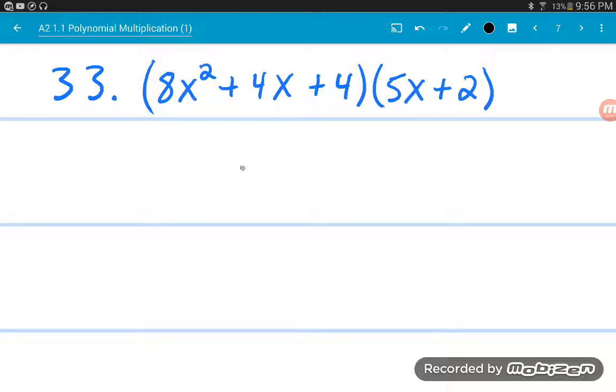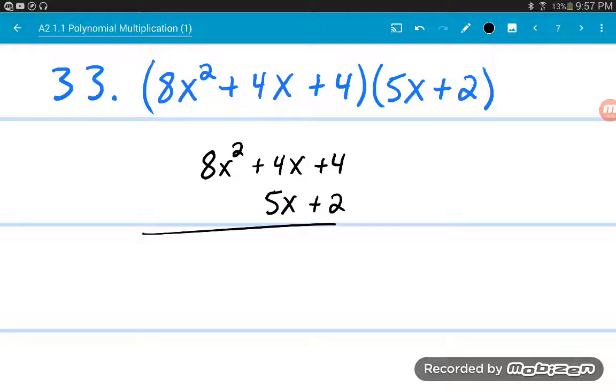Okay, I'm going to use the alternate method of multiplication. Looks a little bit more like regular multiplication. 8x squared plus 4x plus 4 times 5x plus 2. Essentially the way this works is, you take the term on bottom, do it in a different color, and you multiply it by this, then you multiply it by this, then you multiply it by this.